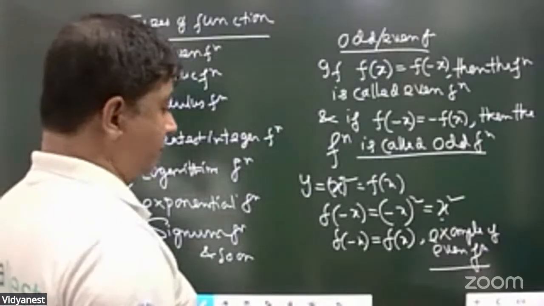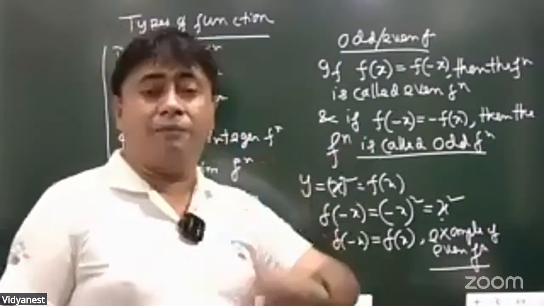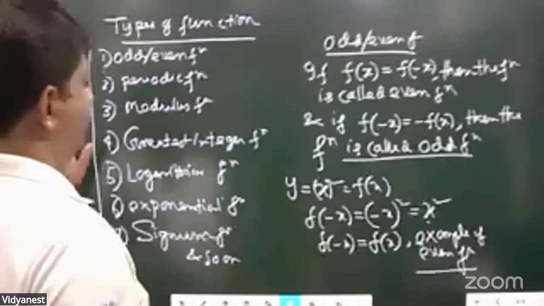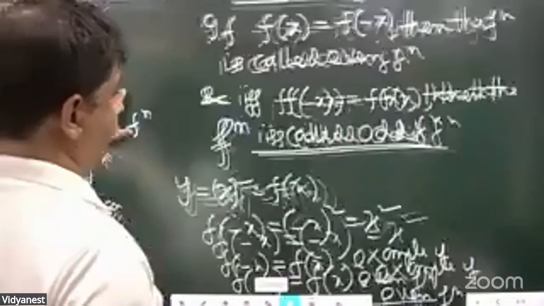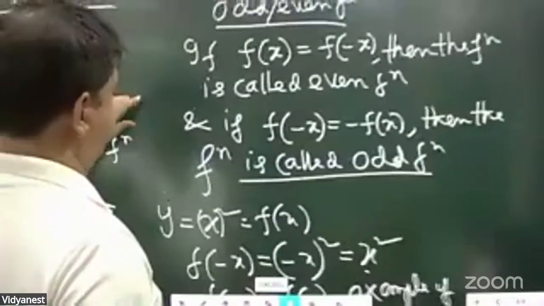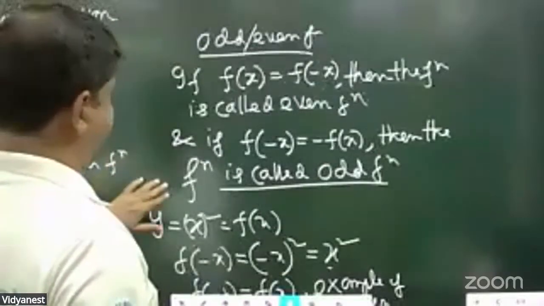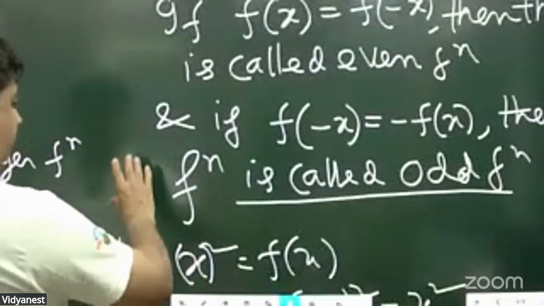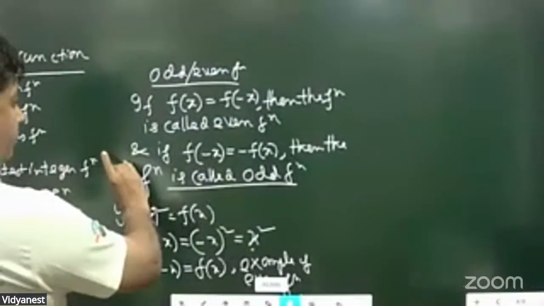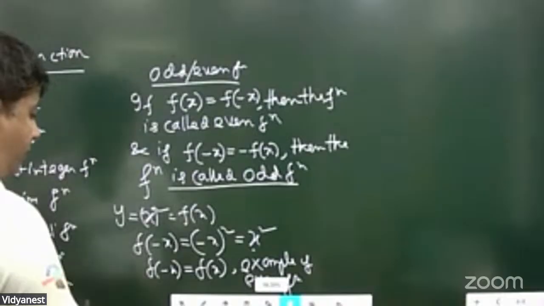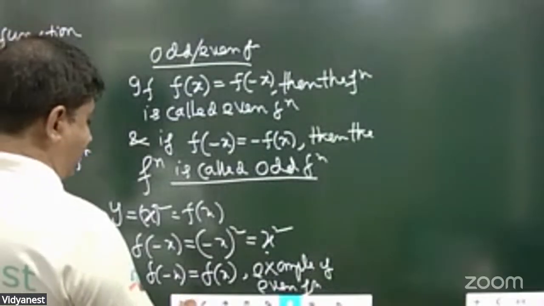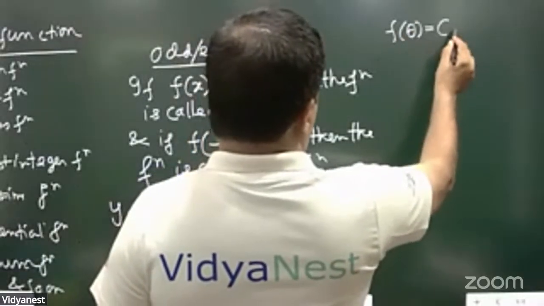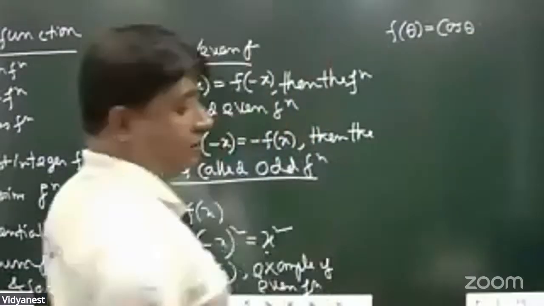One trigonometry example, say f(theta) is cos theta.